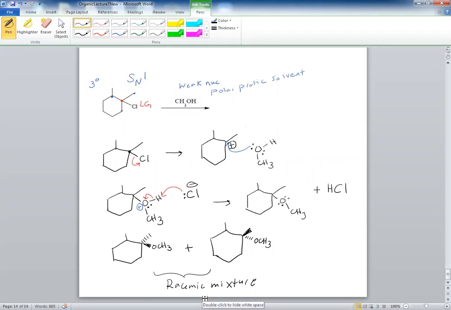So then you're going to have 4 things to really determine which mechanism is the plausible one, and then you can solve problems very easily, if you know the criteria for the SN1 versus SN2 reactions. And again, please bring questions when we meet next time.